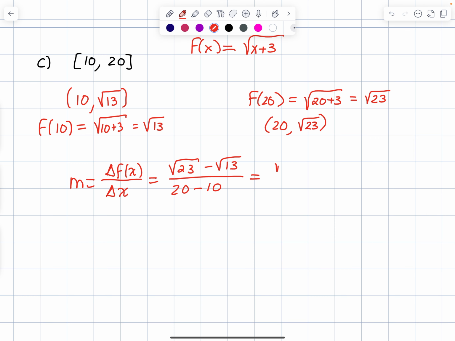So we get square root 23 minus square root 13 all over 10. Okay, we cannot combine the square roots because the numbers underneath the radicals are different. We cannot simplify them. They're both prime numbers. So we will leave it like this.